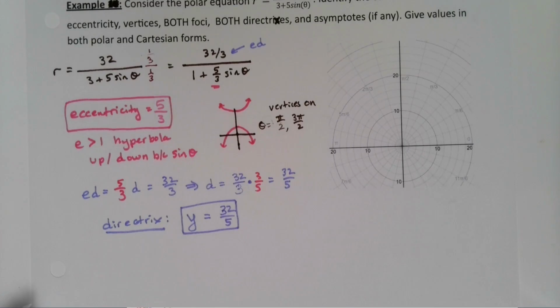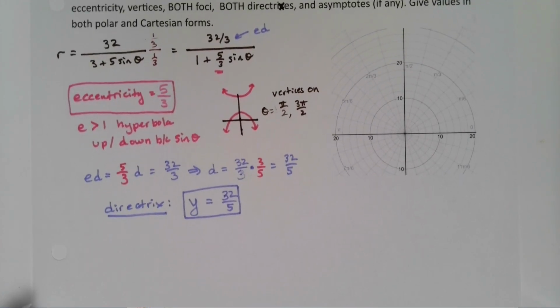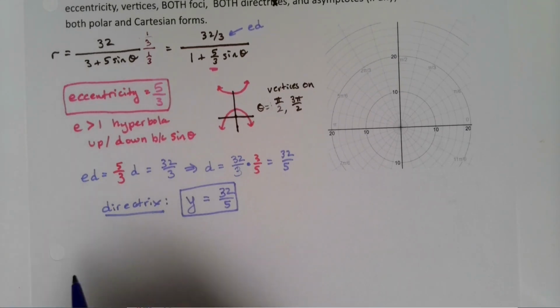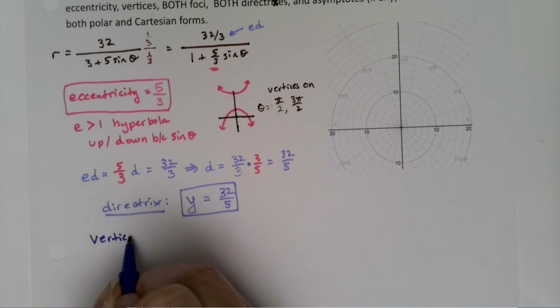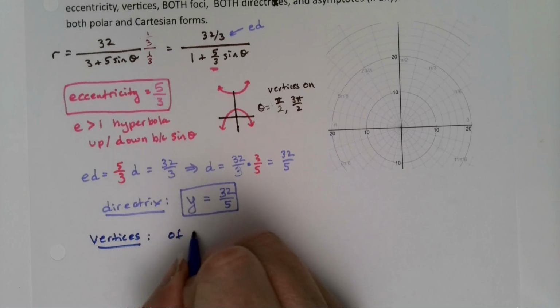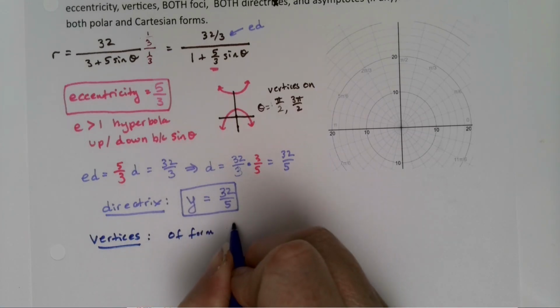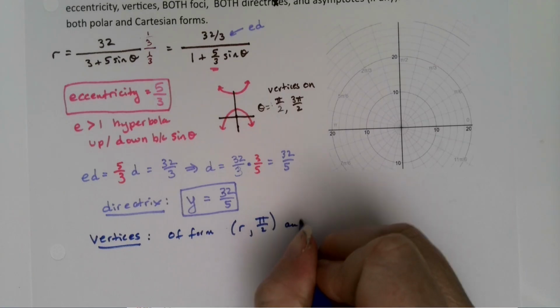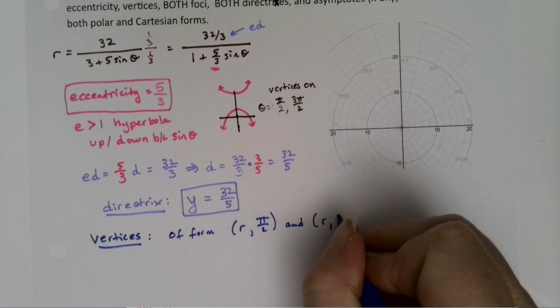All right, now let's see, what about our vertices? The vertices happen on pi over 2 and 3 pi over 2. So the vertices are of the form r comma pi over 2 and r comma 3 pi over 2.